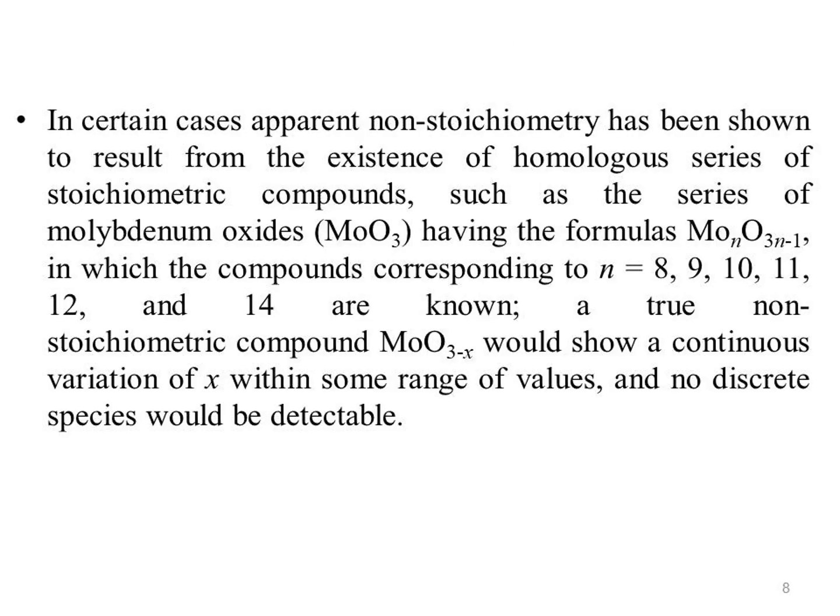In certain cases, apparent non-stoichiometry has been shown to result from the existence of homologous series of stoichiometric compounds, such as the series of molybdenum oxides having the formula MonO3n-1, in which the compounds corresponding to n equal to 8, 9, 10, 11, 12, and 14 are known.